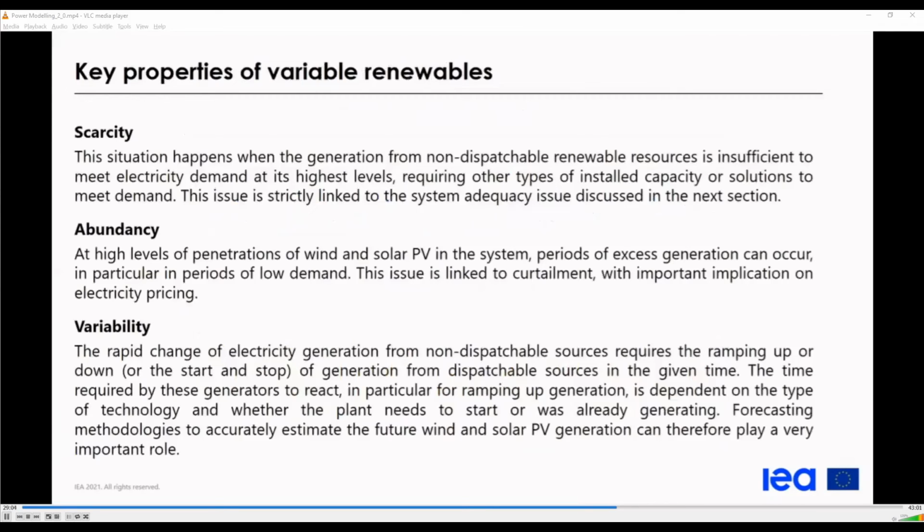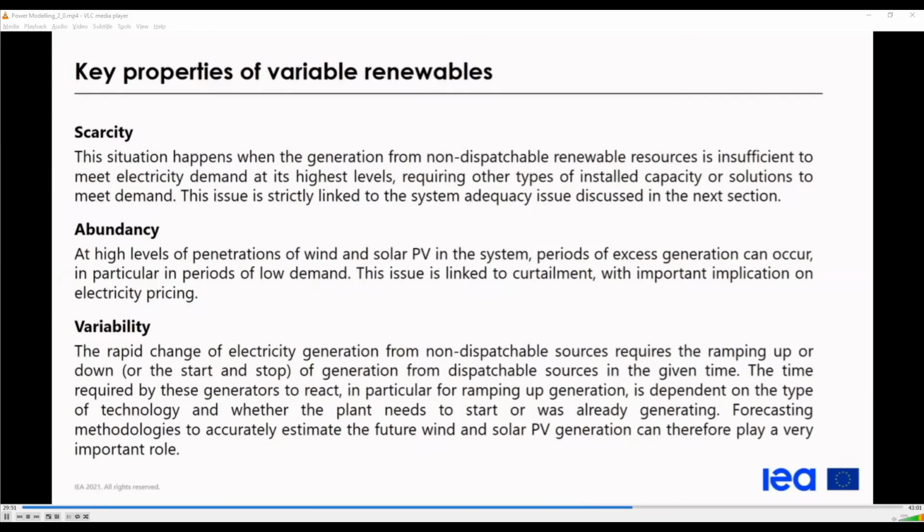Scarcity is the situation that happens when these non-dispatchable, variable renewables do not provide enough generation to cover demand. So this requires other types of plant units to ramp up to meet demand. The second point, abundancy, is the opposite. It's when we have too much output from wind and solar PV in the system, which leads to excess generation compared to demand.